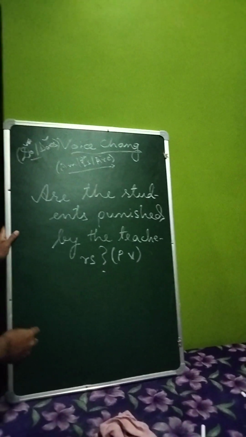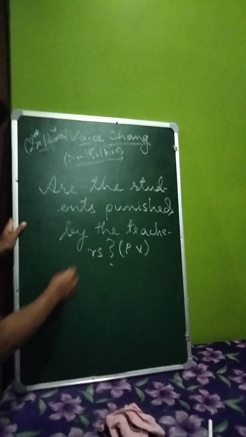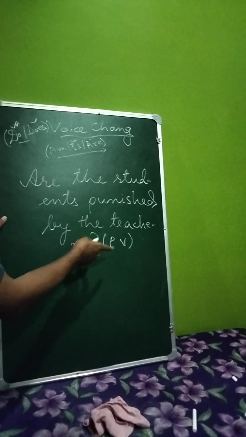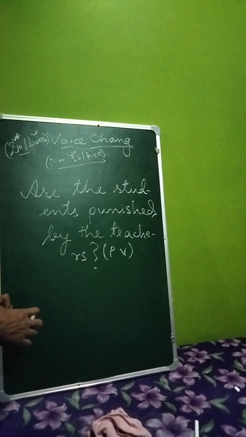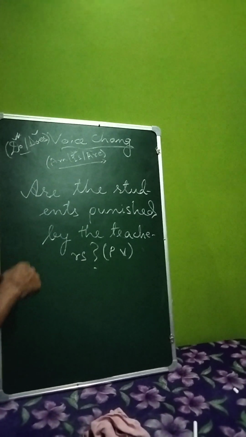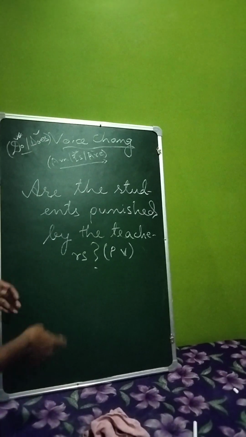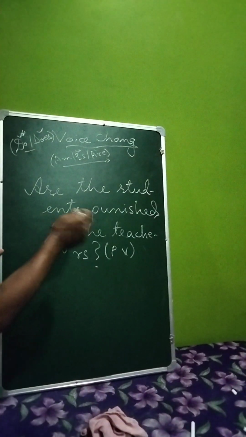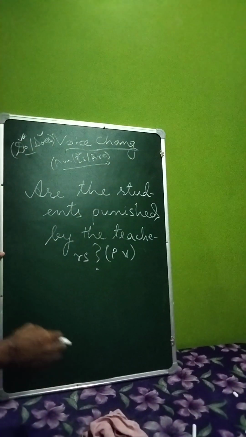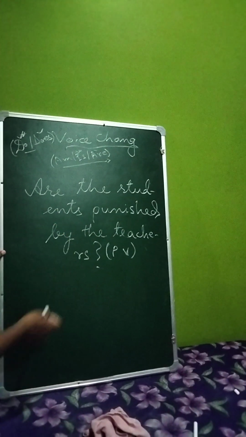Now, how are you to convert it into active voice? In the examination, active or passive will not be mentioned. You are to read the sentence and understand whether it is active or passive. If it is passive, you are to do it into active, and if it is active, you are to do it into passive.